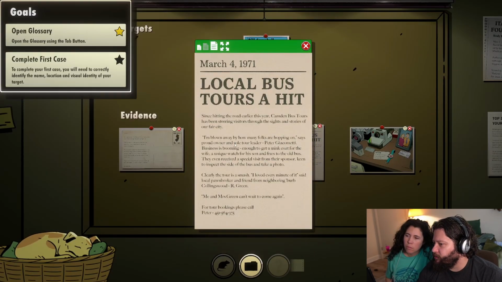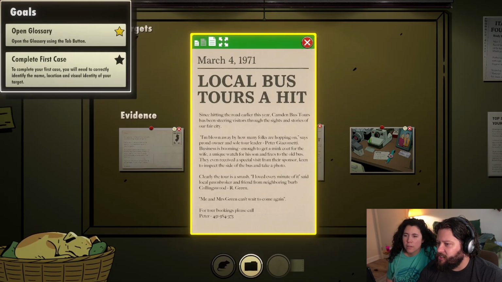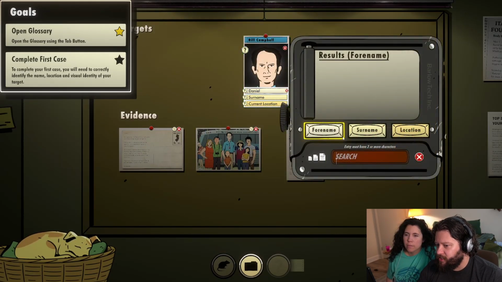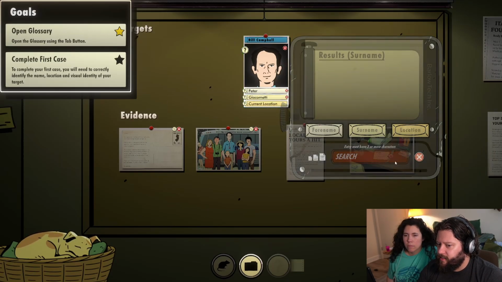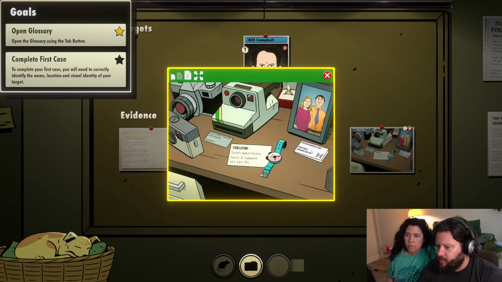Says the proud owner and sole tour leader, Peter Giacometti, which is... That's his actual name. Or that's his fake name. And he's in... Where's this?